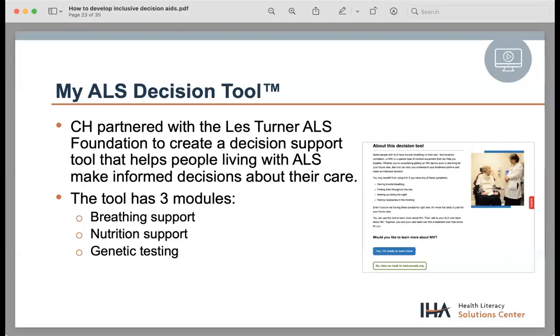So there are a lot of benefits to genetic testing, but it's a very complex process. So we created that module to help people understand how genetic testing works for people with ALS. Next slide.